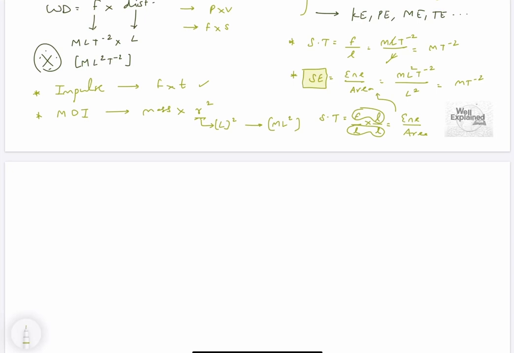This is actually the surface energy formula, right? Then we have density, which is nothing but mass by volume.